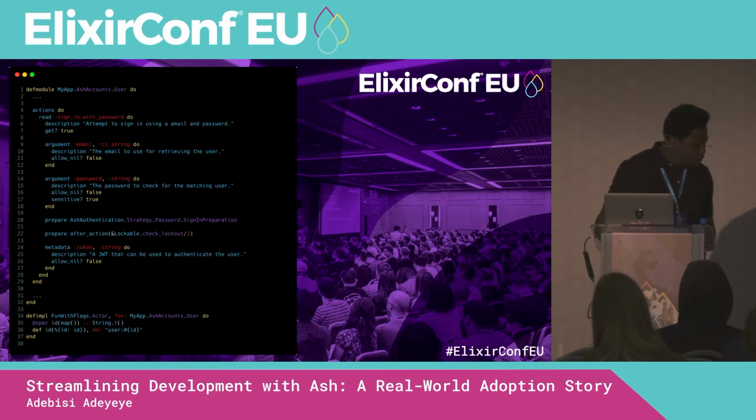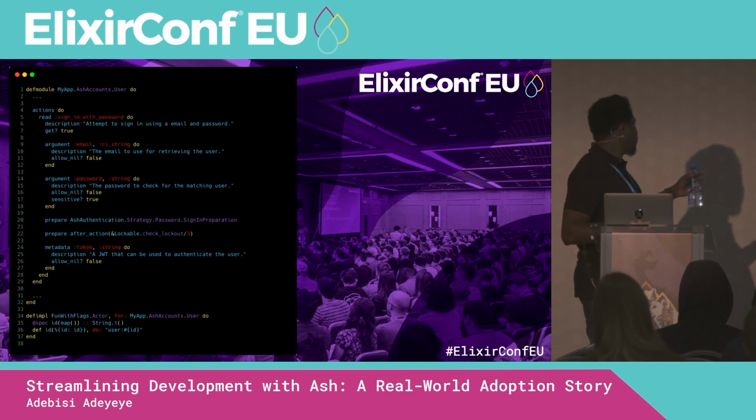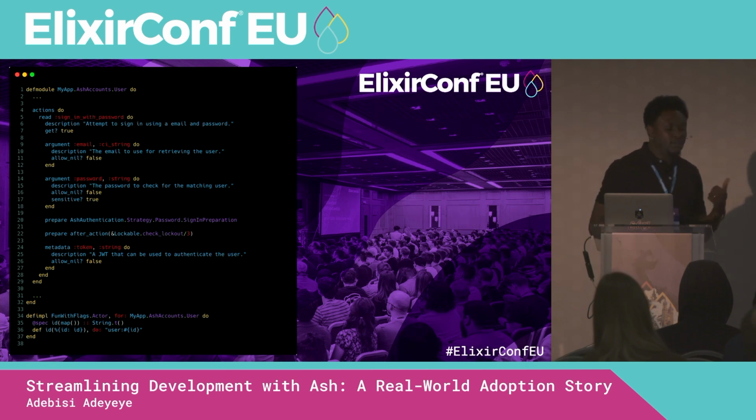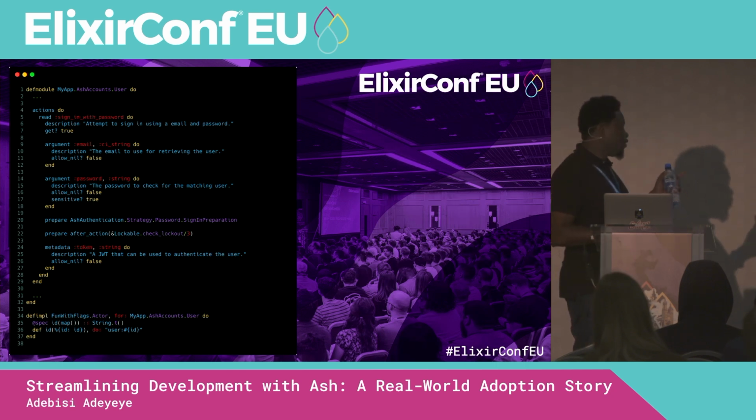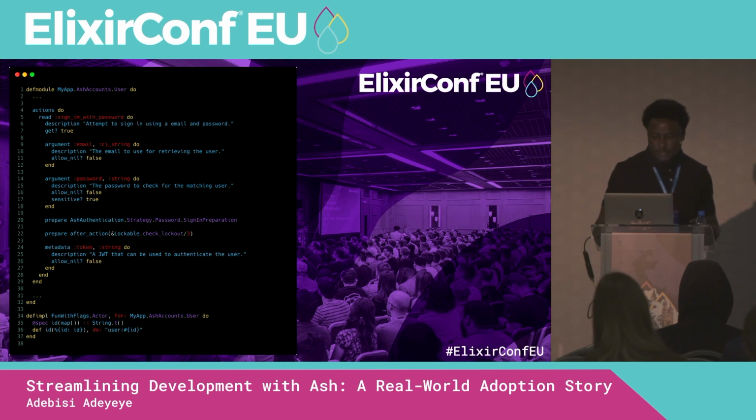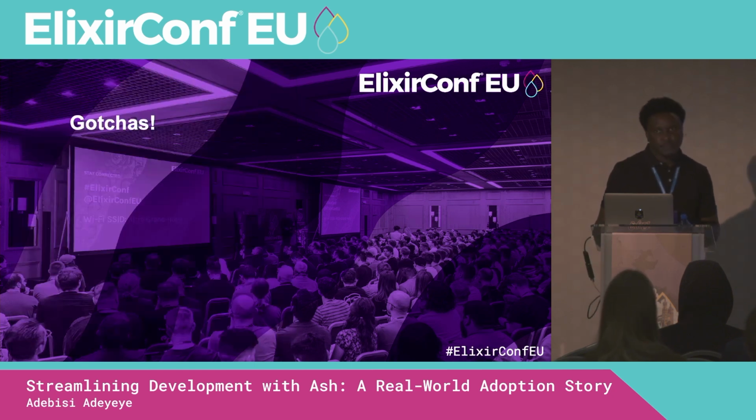And yeah, this is how normal fun with flags stuff works. We just implemented the protocol because now we had two variants of user: the one generated by phx.gen.auth, and the Ash user. So it was necessary for us to include the implementation for this as well to support fun with flags.